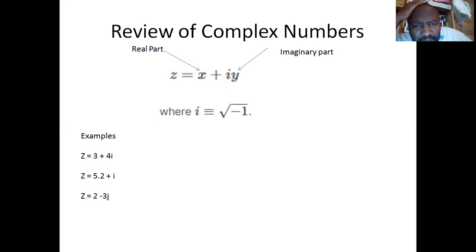One concept that we will be making use of is the complex numbers. And complex numbers, I don't know whether you have been introduced to them, but complex numbers have real and imaginary parts.